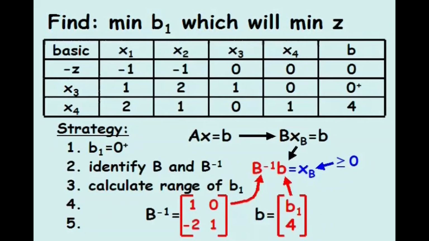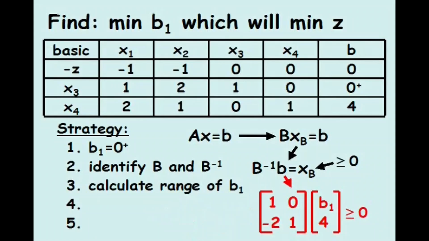After plugging in matrix B inverse and vector b, and knowing that xB is non-negative, we can calculate the range of b1 as at least 0 and at most 2.